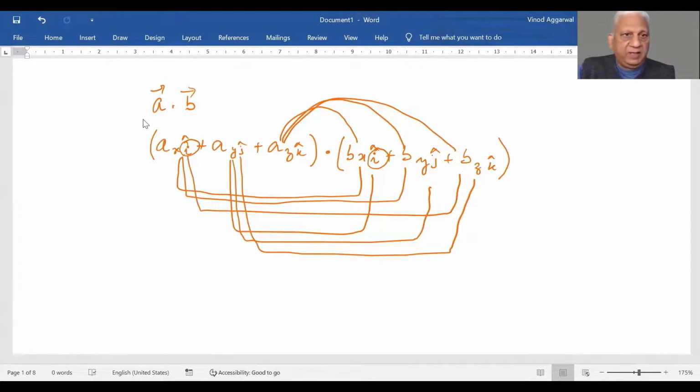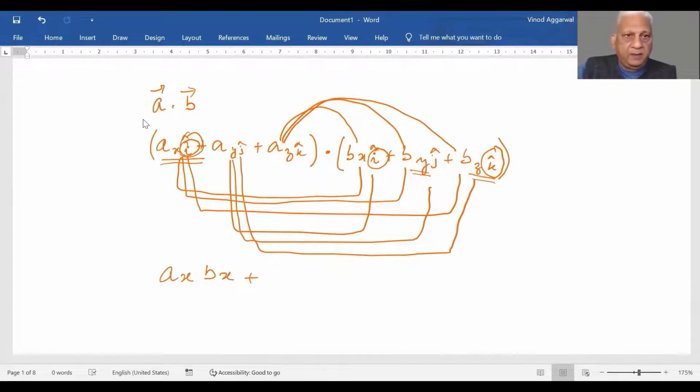Again, if we multiply the i component by the k component, since i and k are perpendicular to each other, cos will be 0. So the effective product will be multiplication between the same vectors, which is Ax multiplied by Bx, plus, that's the only one, because Ax's product with the components in the j or k direction will be 0.